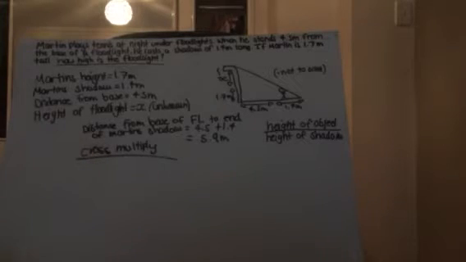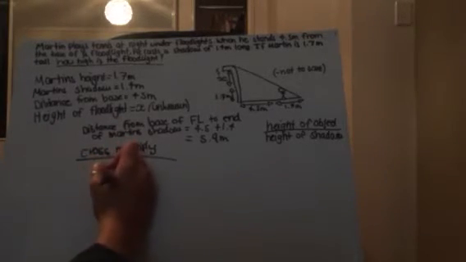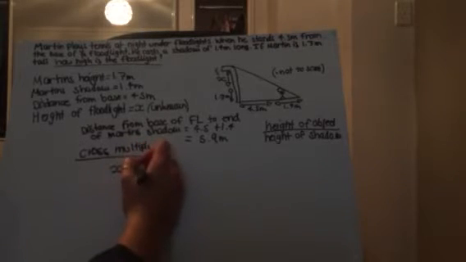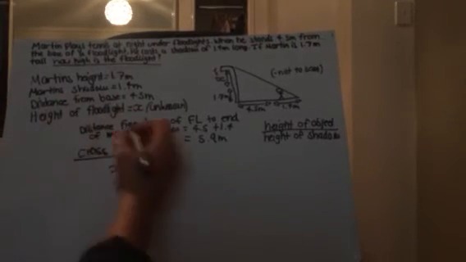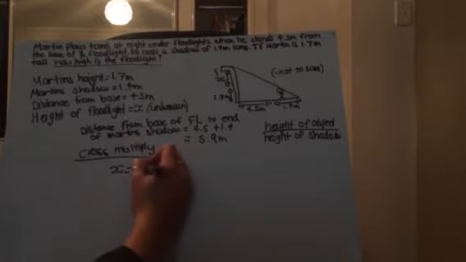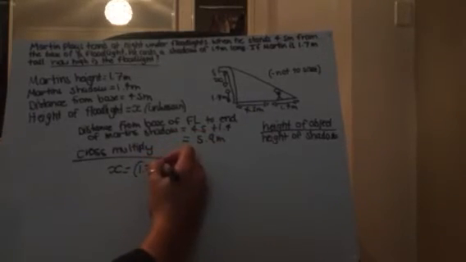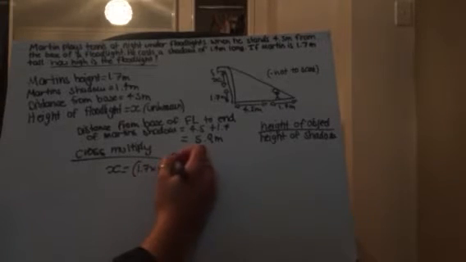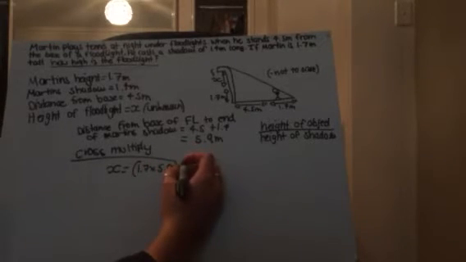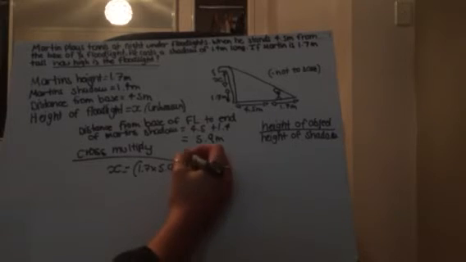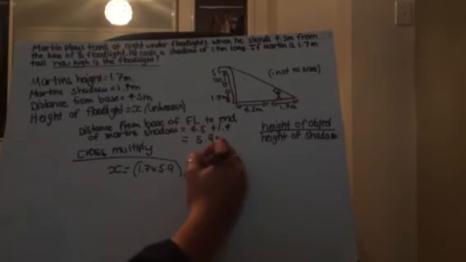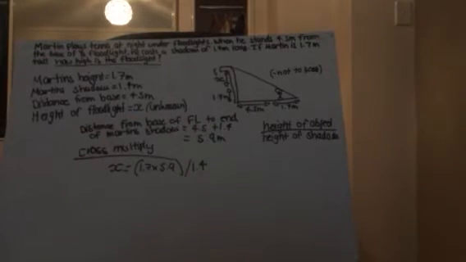So, we don't know the height of the floodlight, which is x. So x equals Martin's height, which is 1.7 meters, and we are going to times this by what we just added here, the base, 5.9 meters. Now we are going to divide that by 1.4, which is the shadow that Martin has created.